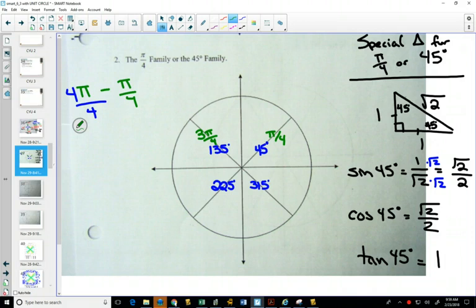Again, I'll give you a 10-second head start to do the other angles. How did you do? Did you get 5 pi over 4 and 7 pi over 4?